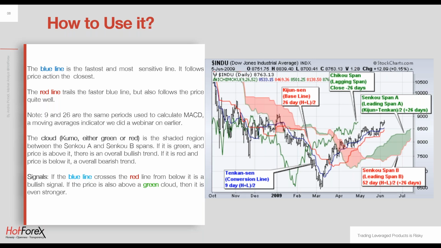The red line, we said, is calculated on a 26-day basis. So the red line trails the faster blue line, but follows the price quite well as well.